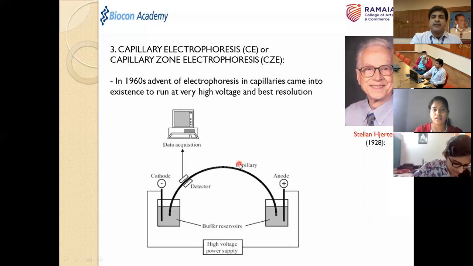Such capillary tubes are used, and in the illustration there are anode and cathode chambers connected by the capillary tube, which has the samples to be separated under the electric field. This is capillary electrophoresis, and the next part of today's lecture will be in detail about it. Understood? So these are the three different eras or versions of electrophoresis.